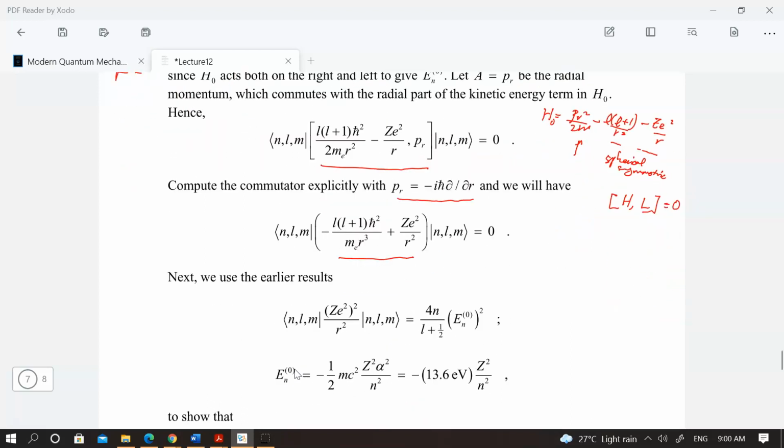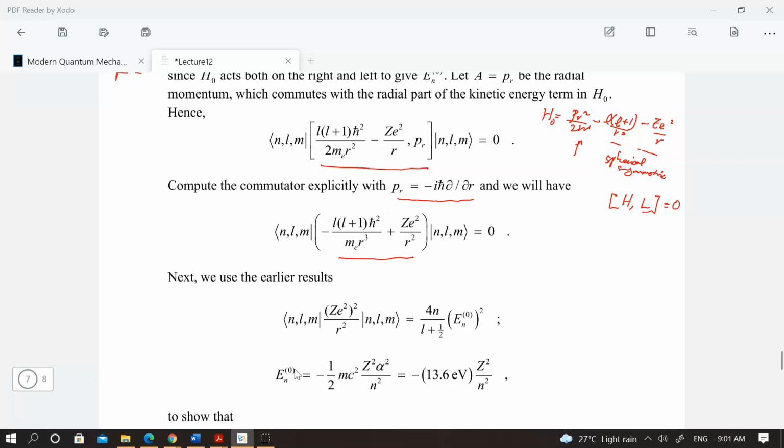Over here, we also need to use some earlier results. So the expectation value of this together with the expectation value of this will actually add up to give you 0. This one we have actually calculated earlier. Remember that the part that really needs to be addressed is this r squared here.